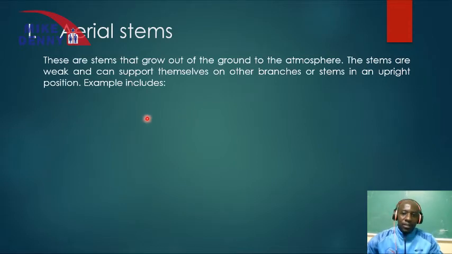First, we say these aerial stems, they grew out of the ground. Most of them here are weak and can support themselves on other branches or stems in an upright position. They support themselves on other branches or stems, which means if they are weak, as they are growing out of the ground, they cannot grow straight upward on their own. They support on other branches and on other stems.